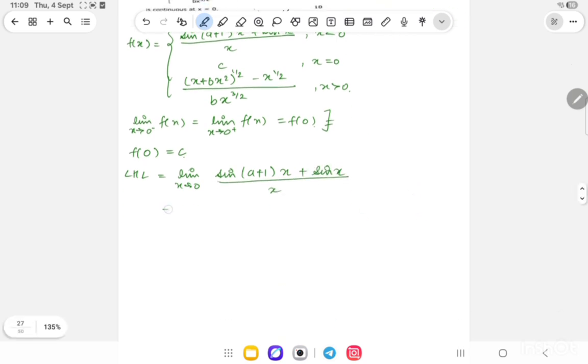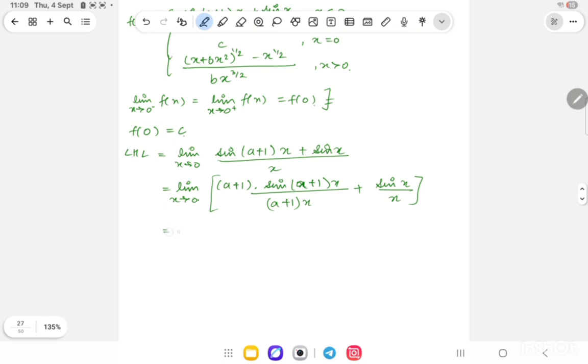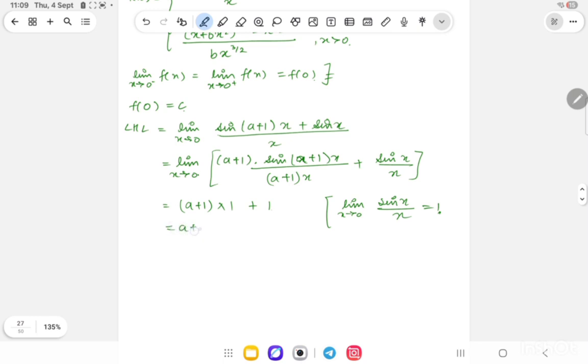This is equal to the limit as x approaches 0 of (a plus 1) into sine (a plus 1)x by (a plus 1)x, plus sine x upon x. I can write this limit as (a plus 1) into 1, plus 1, because I know that the limit as x approaches 0 of sine x upon x is equal to 1. So this is equal to a plus 2.